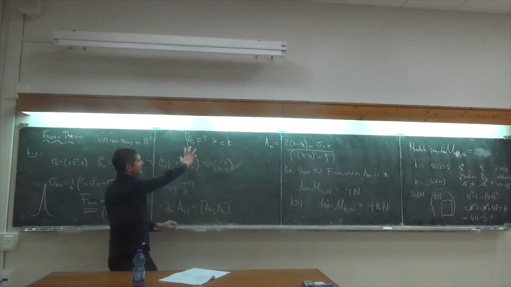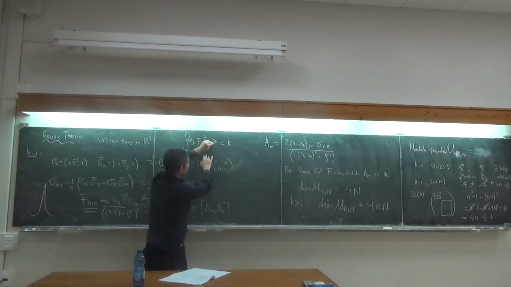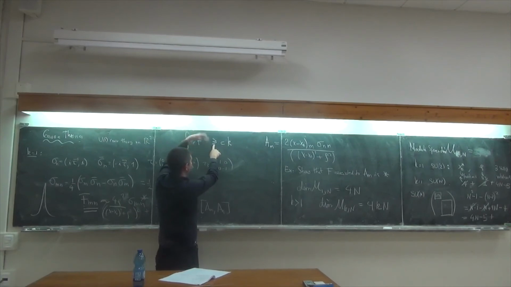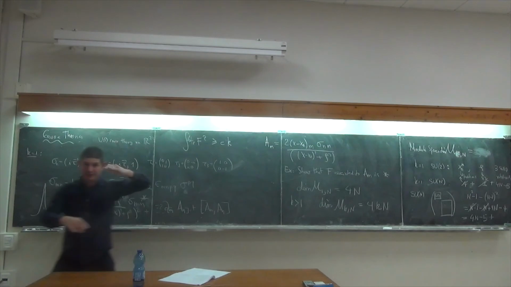You see that this is saying that, fixing k, any configuration is bigger than or equal. Equal holds for the instanton. Any connection which is not an instanton will have an energy bigger than the instanton one for the same k.